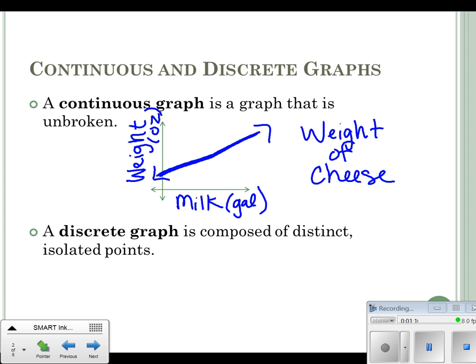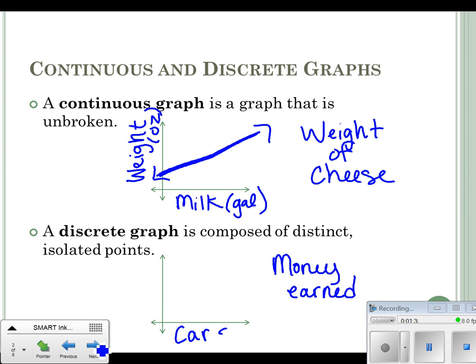Whereas the opposite would be a discrete graph, and that's composed of distinct isolated points. Let's say we were looking at the amount of money earned when we are looking at car sales, and we're just selling cars, not parts of cars, just whole cars.